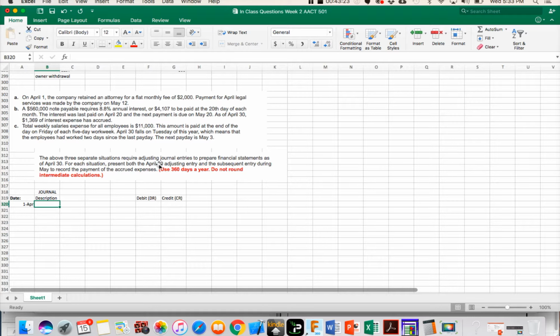Require adjusting journal entries to prepare financial statements as of April 30th. For each situation, present both the April 30th adjusting entry and the subsequent entry during May to record the payment of the accrued expenses. Okay, so for April 1st, guess we're just worried about the adjusting entry.